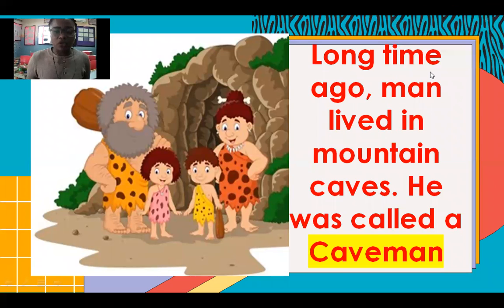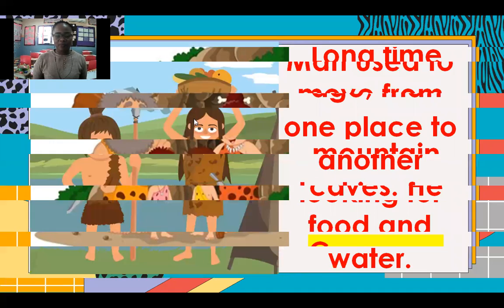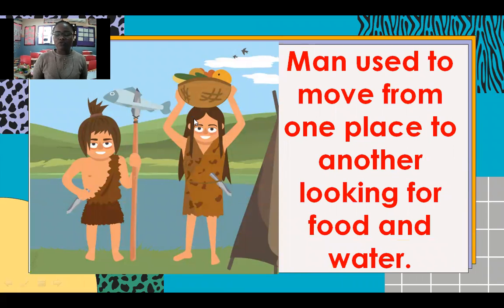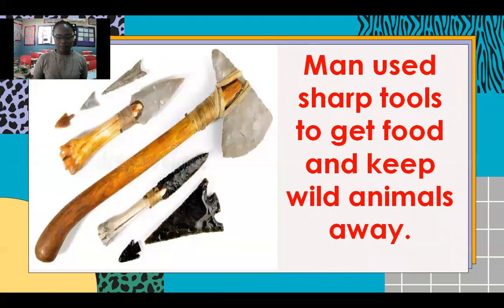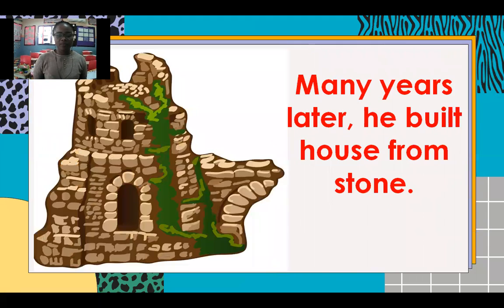Now here is our story. Long time ago, man lived in a mountain cave. He was called a caveman. Man used to move from one place to another looking for food and for water. Man used sharp tools to get food and keep wild animals away.